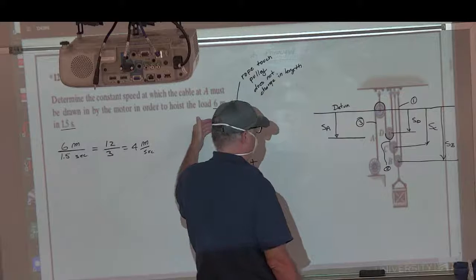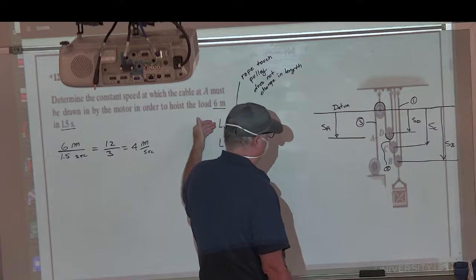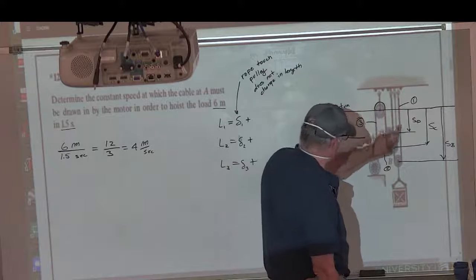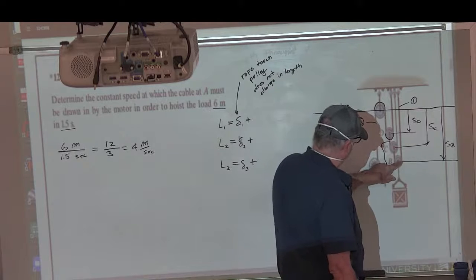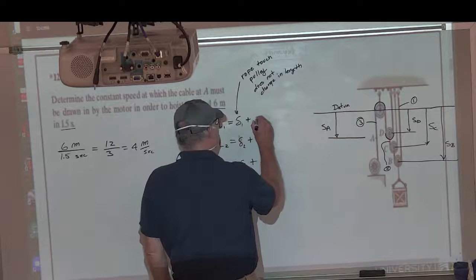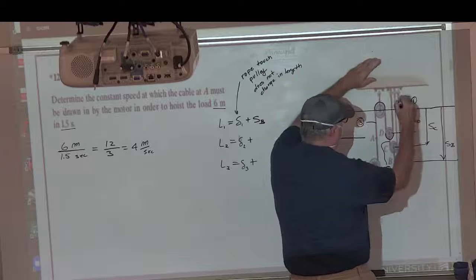Since I've started with 1, I probably should work with 1. I got 3 down here, so I'll start with 1, which is this far rope here, goes over to here, comes up to this. The distance from here to there is SB. Okay, again, this is rope 1.